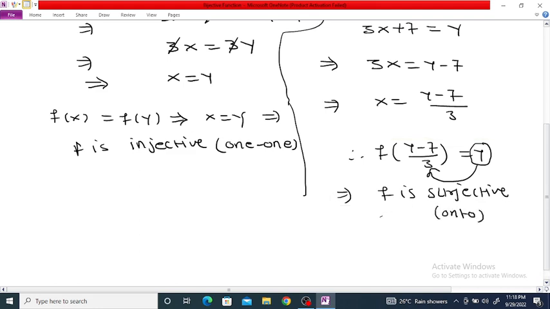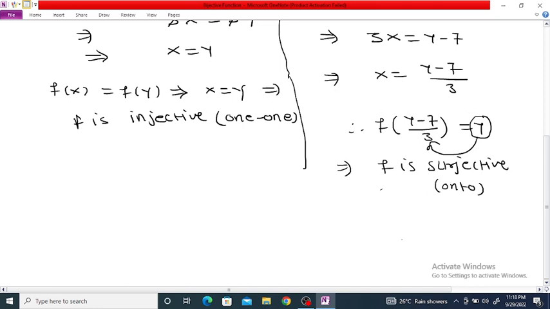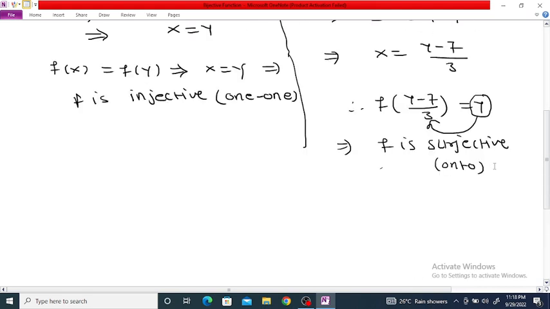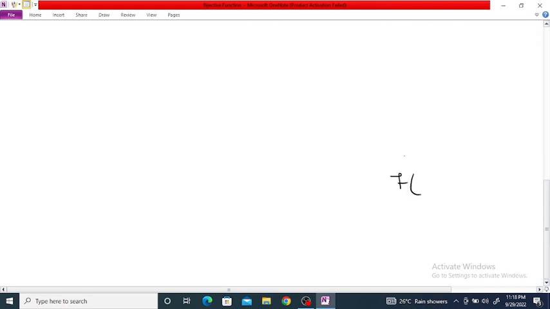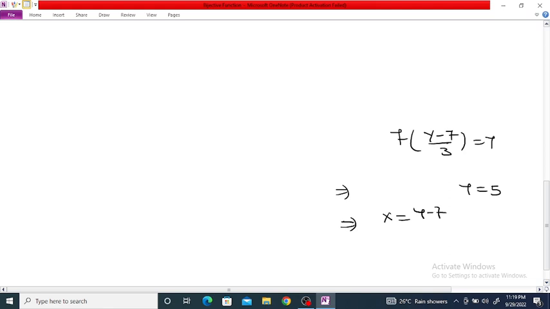For example, if we take y is equal to 5, then what is the value of x here? x is equal to (y minus 7) by 3, so it is equal to minus 2 by 3.